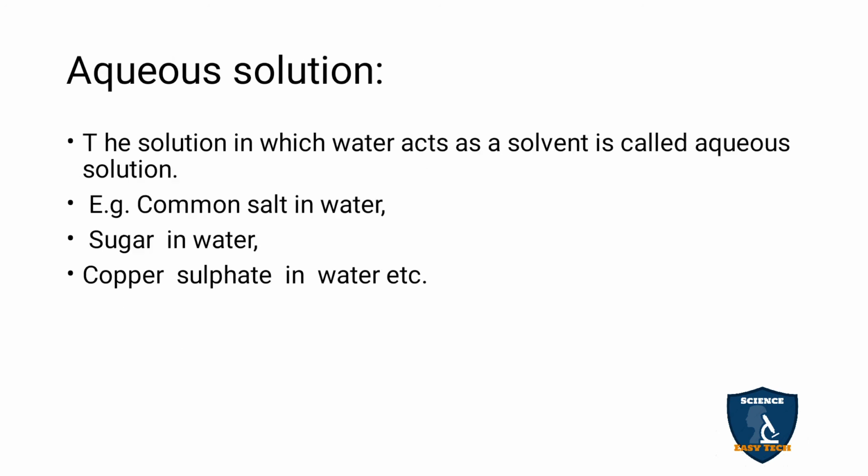In an aqueous solution, water acts as the solvent. Examples are common salt in water, sugar in water and copper sulfate in water. If any substance is dissolved in water, that solution is called an aqueous solution.